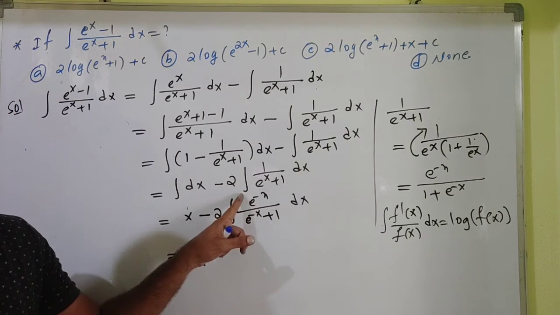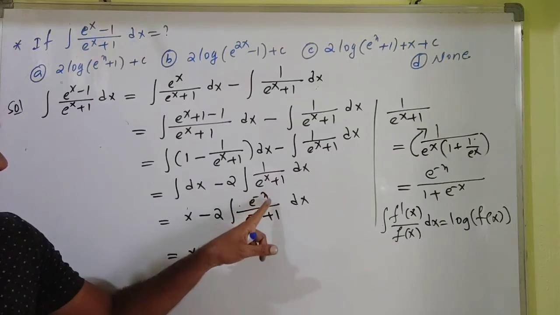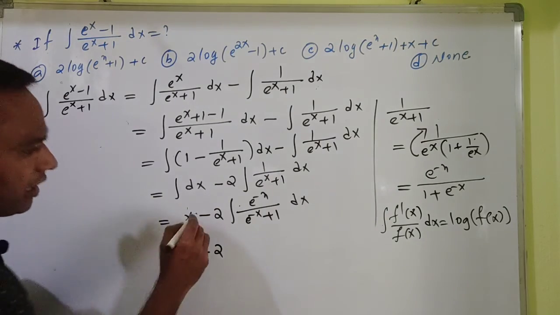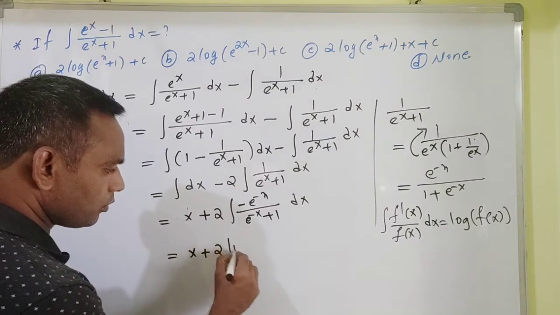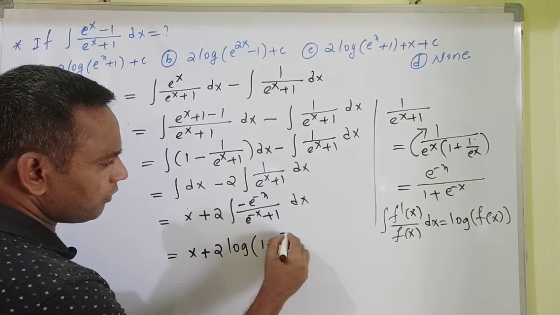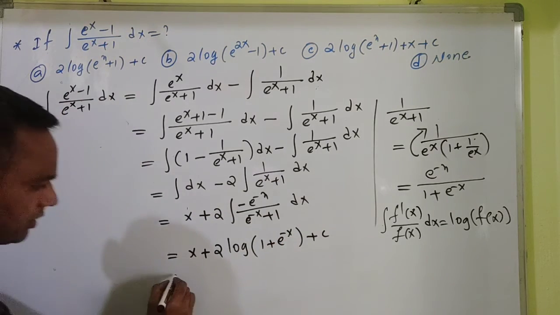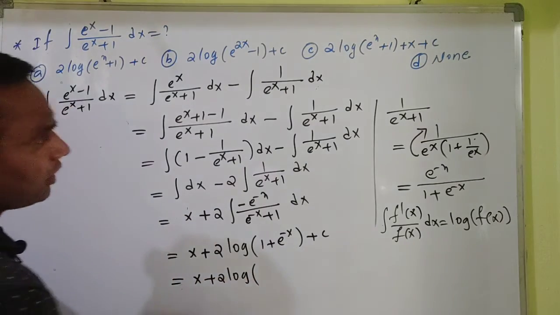The derivative of 1 is 0, and the derivative of e^(minus x) is minus e^(minus x), so the sign changes to plus. Now it is 2 log of the denominator, 1 plus e to the power of minus x, plus c.